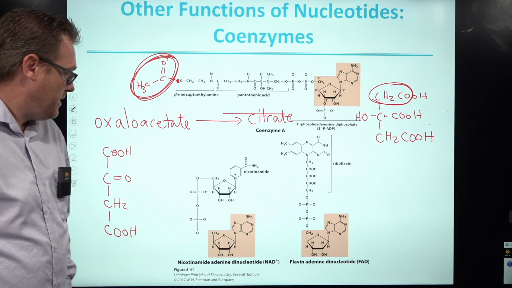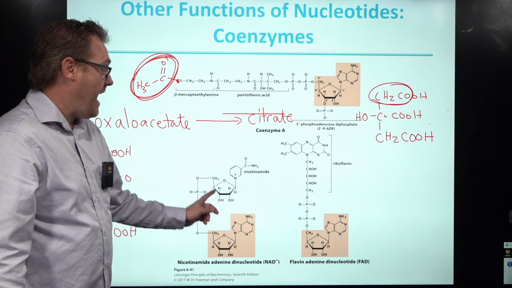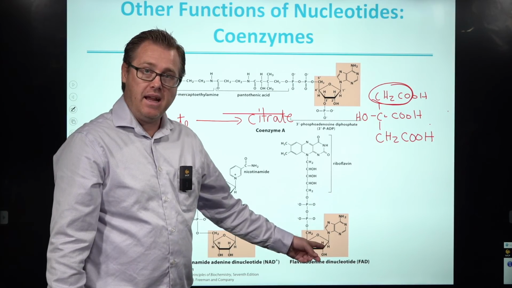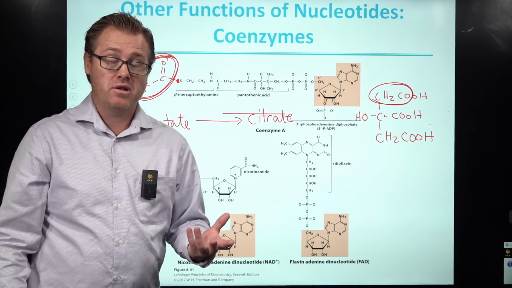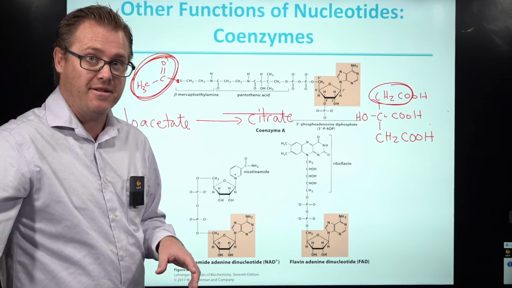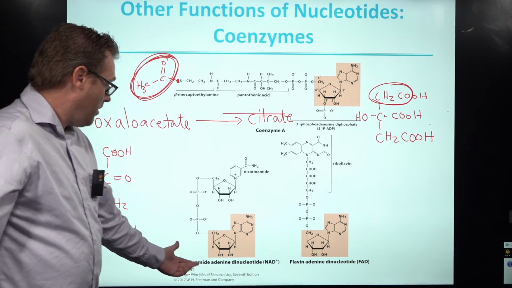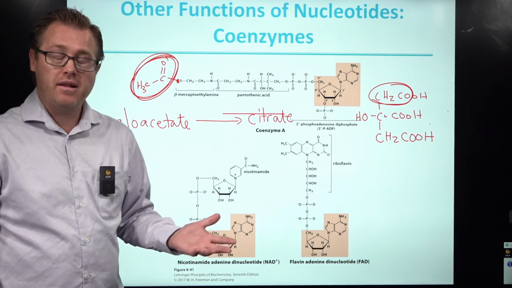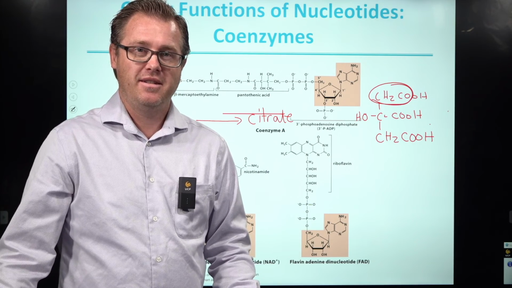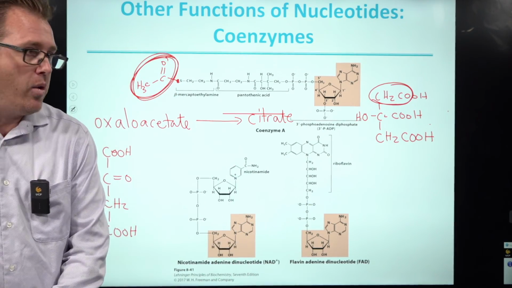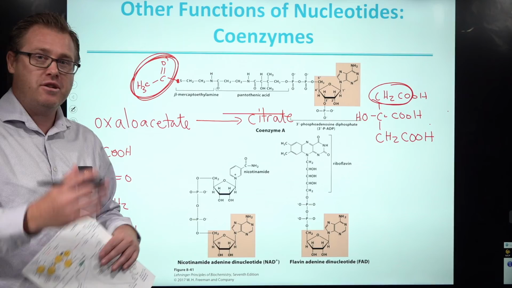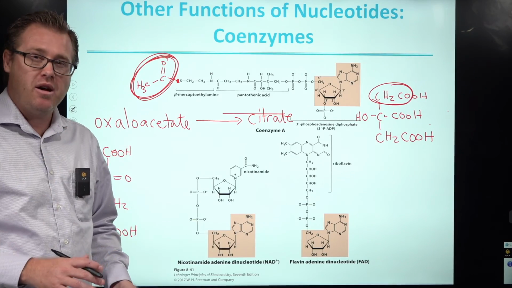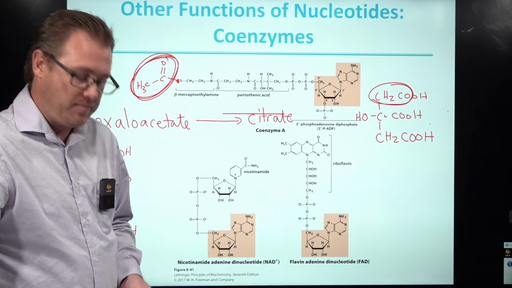Okay. Now, when you look at NAD plus and FAD, you've also seen those molecules in the citric acid cycle. And both of their purposes are that they're oxidizing agents. So they are going to help bring in electrons and move around electrons and hydrogens.